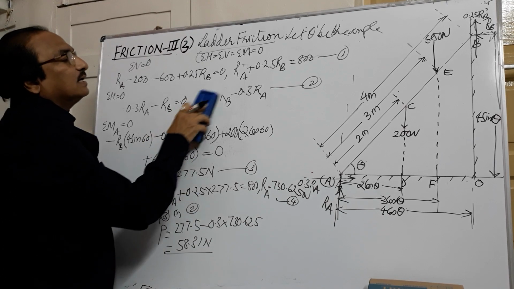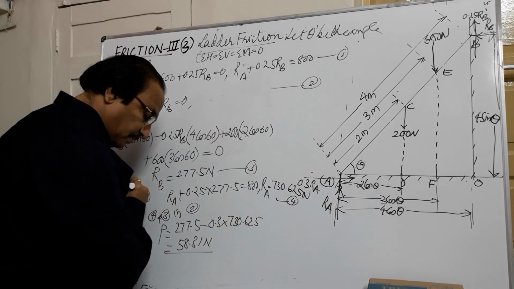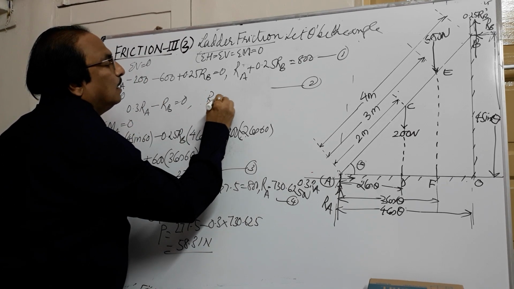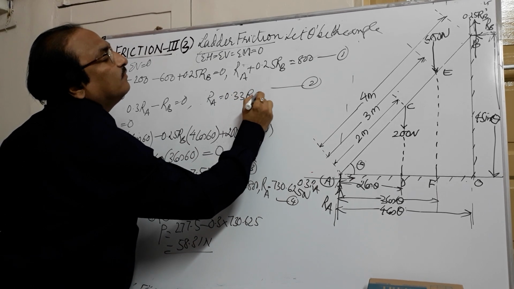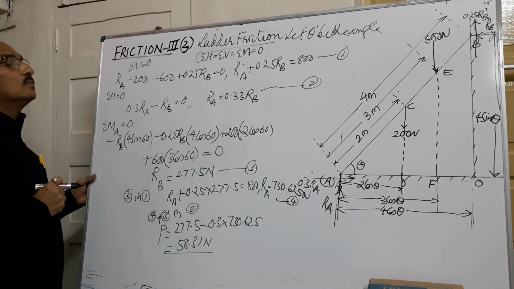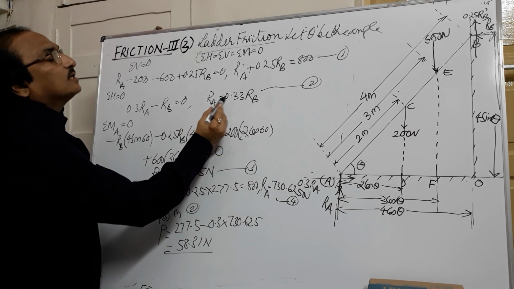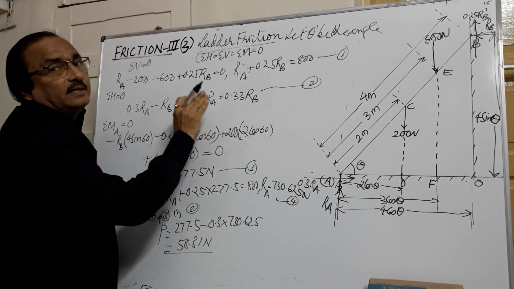You get a relation between RA and RB directly: RA is equal to 0.33 RB. If I substitute the value in this, you get directly the value of RB.